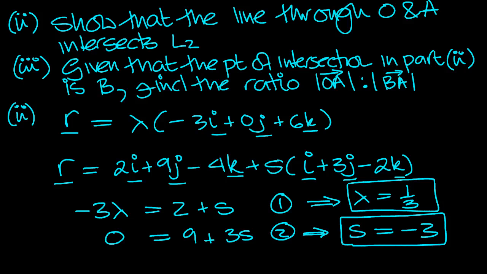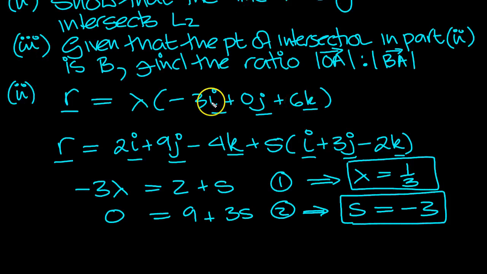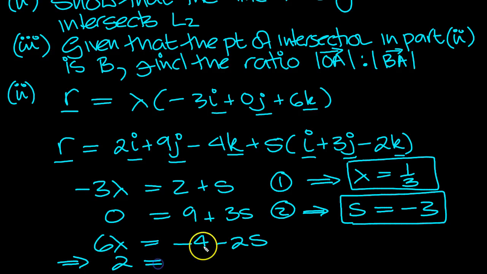And the third one, we need 6 lambda is equal to minus 4 minus 2s. 6 lambda is 2, is equal to minus 4 minus 2s times minus 3, which is minus 4 plus 6, which is 2.